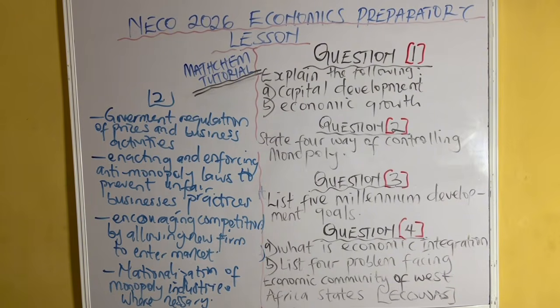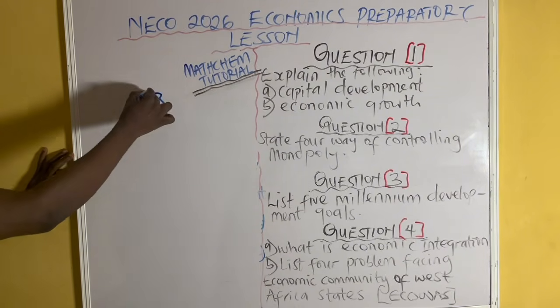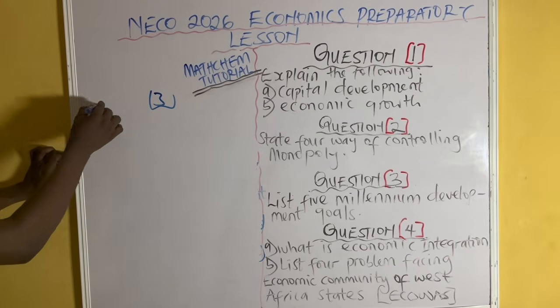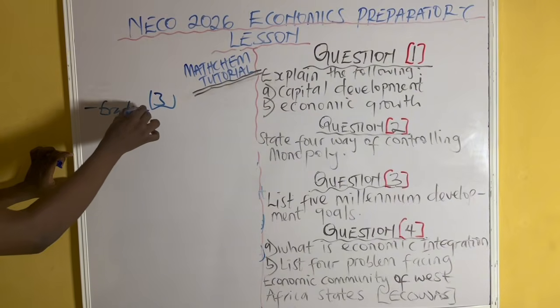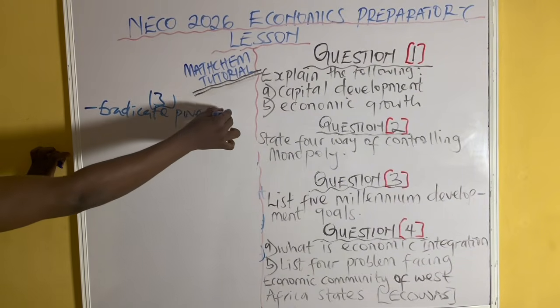Yeah, so the next question, number 3, says we should list 5 millennium development goals, MDG. As we have MDG, we also have SDG. So what are the goals of the MDG, the millennium development goals? So one of their goals, number 1, is to eradicate poverty and hunger.